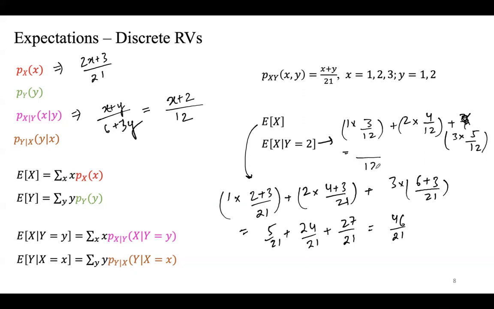So 12 becomes the denominator. It's going to be 3 plus 8, that's 11, plus 15, that's 26. That you can write as 13 by 6. Was this clear? Would you like me to explain it again? Understood? Okay, good.